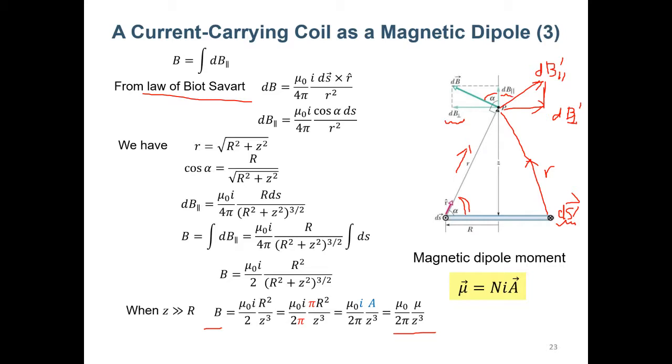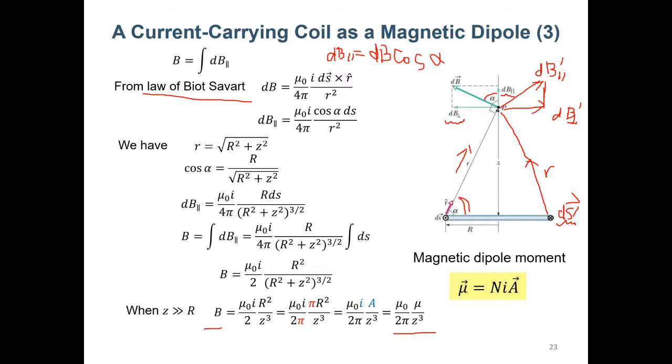So dB parallel should be dB cosine alpha, because this one over this one should be cosine alpha.